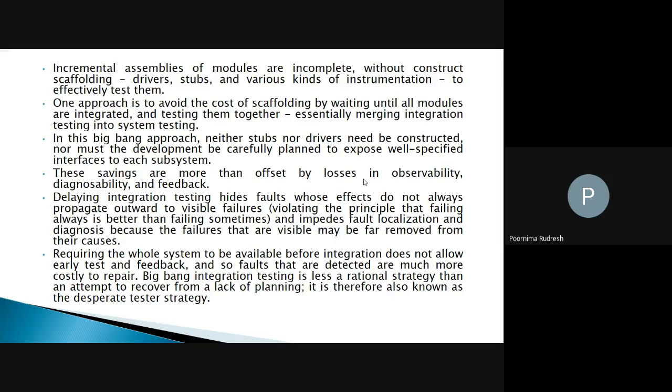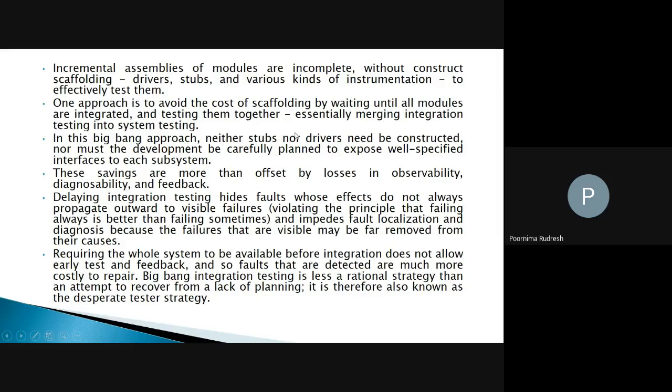Next, delaying the integration testing hides the faults whose effects do not always propagate outward to visible failures. Because you are violating the principle that failing always is better than failing sometimes, and it impedes fault localization and diagnosis, because the failures that are visible may be far removed from their causes.